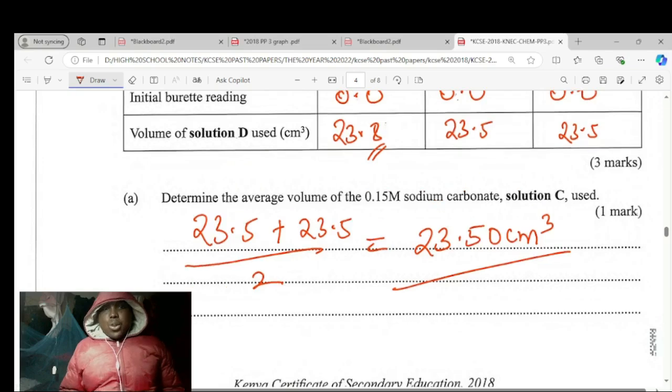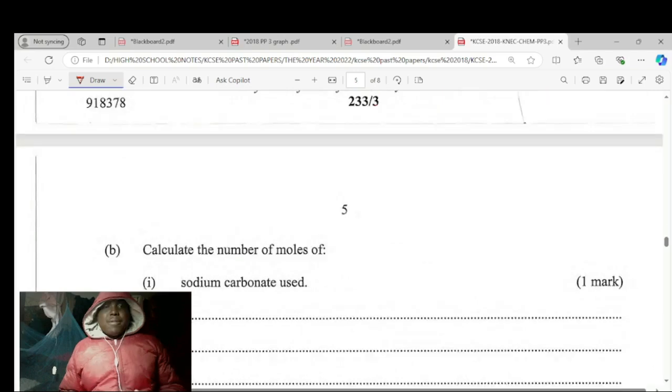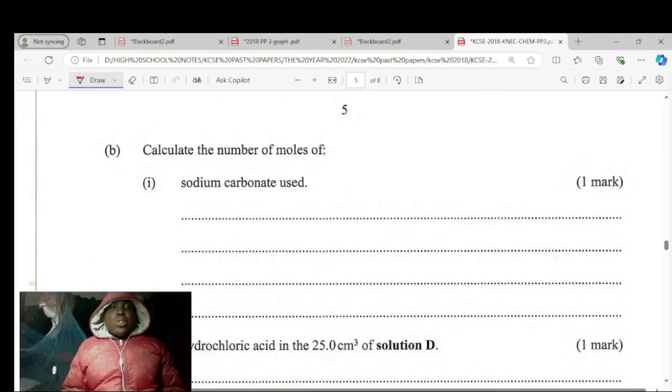The next question is: calculate the number of moles of sodium carbonate used. That's very simple because we already have the number of moles in 1,000.